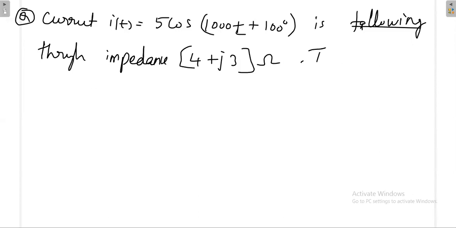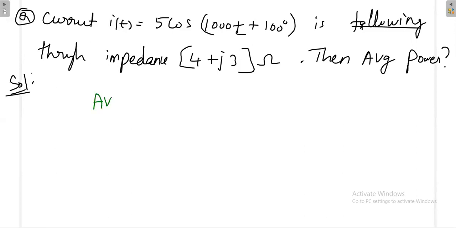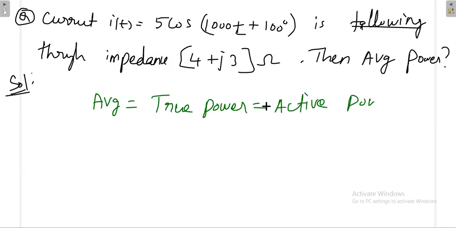Then what is the average power? In the last class I told you the average power is same as true power or active power. And you know one thing, when you want to find the true power, that means power through resistance, you should know the magnitude of the current flowing squared times the resistance value.